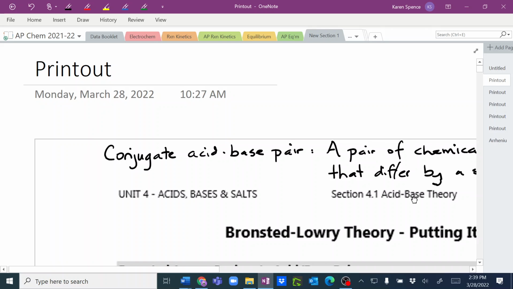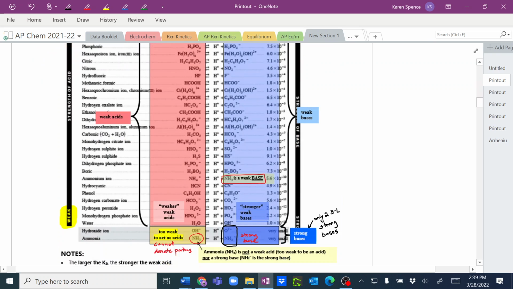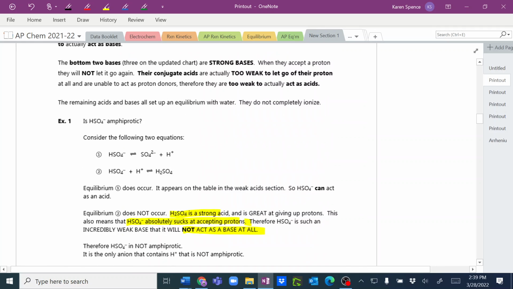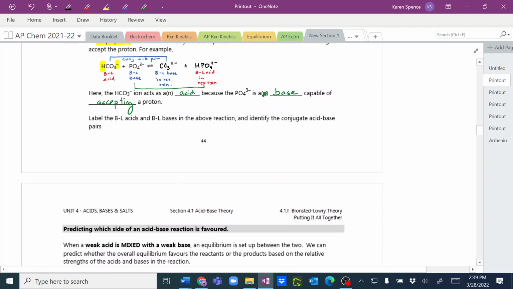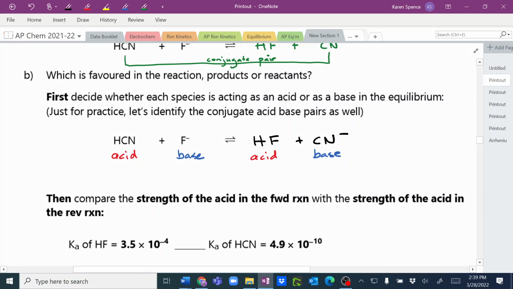Back to the beginning again. Okay, here we go. So HF was stronger and HCN was weaker.